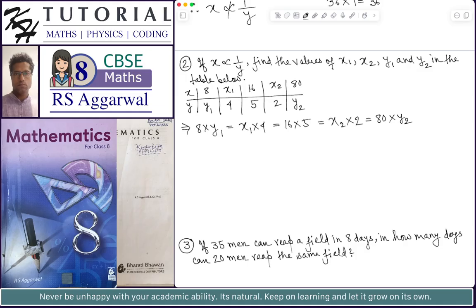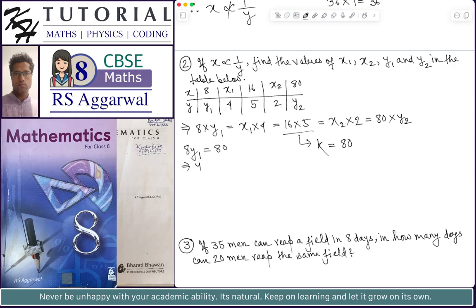So we can clearly say that 16 into 5 is the constant of variation or proportion, which is 80. For this data or table, the constant of proportion or variation is 80. So now we can say that 8 y1 is equal to 80.